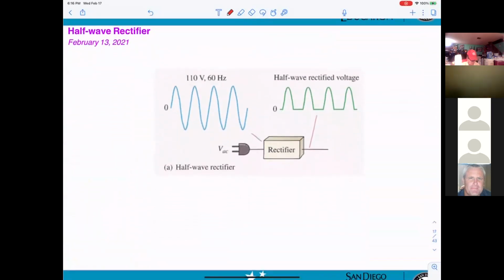Now, half-wave rectify. What does rectify or rectification mean? Changing alternating current into direct current. Converting AC to DC.